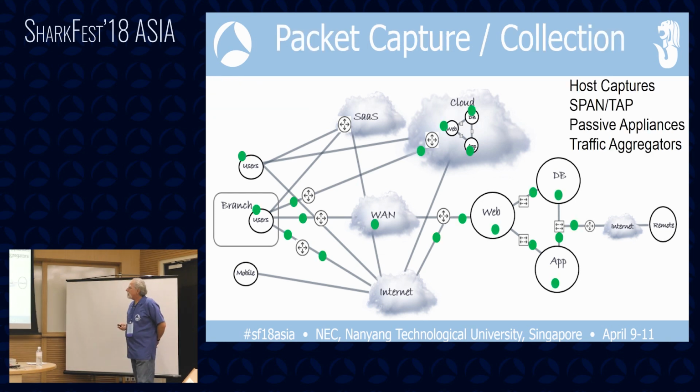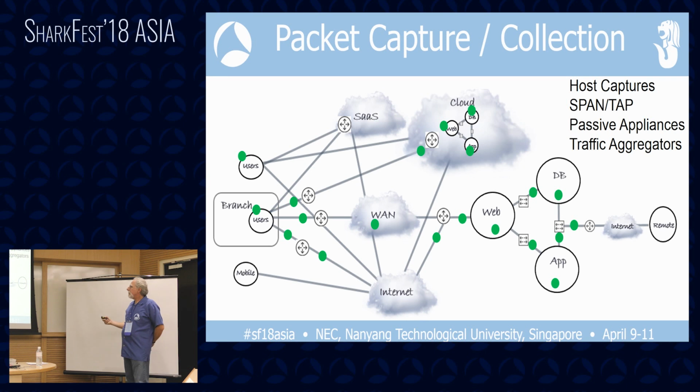And then packet capture and collection. So here we've got host-based capture agents deployed on the endpoints, possibly on mobile phones. I'm not exactly sure how mature that is yet, but I can see that would be coming in the future. But certainly on MacBooks, Windows, Linux, and then through span and tap, picking up traffic off of links that you can see here.